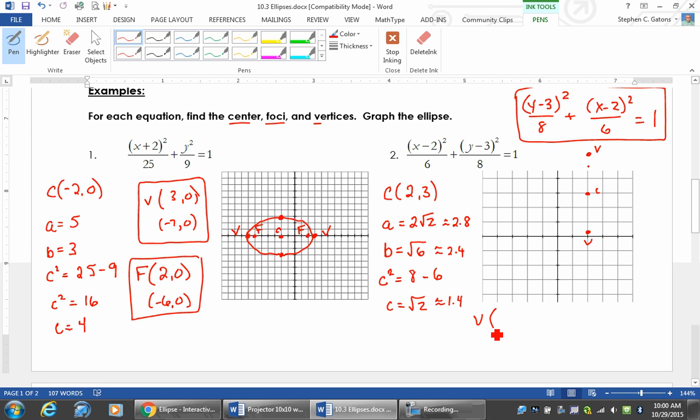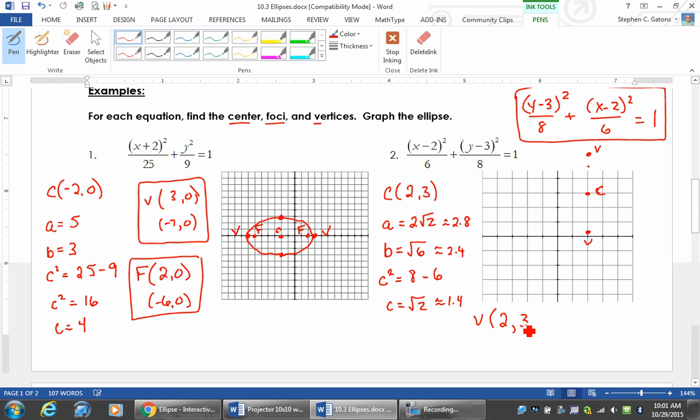Okay, now, how do you label these? You start at the center. When you move up and down, which coordinate is changing? Is the x value going to change, or is the y value going to change if you went up and down? The y value only. So that means that the x value does not change. Now, we started at 3, right?